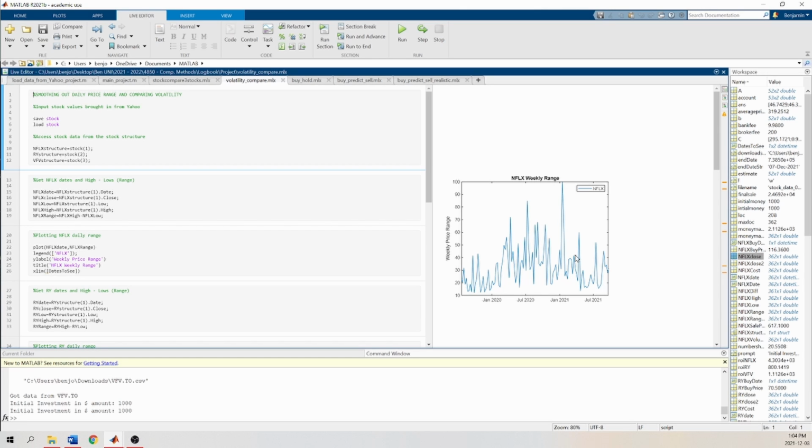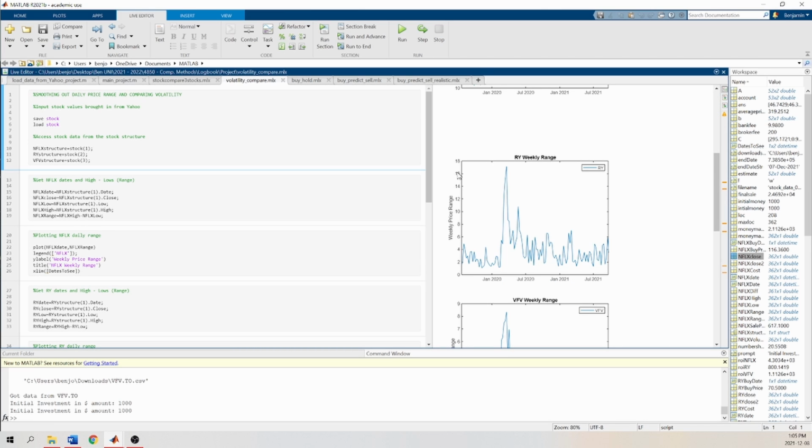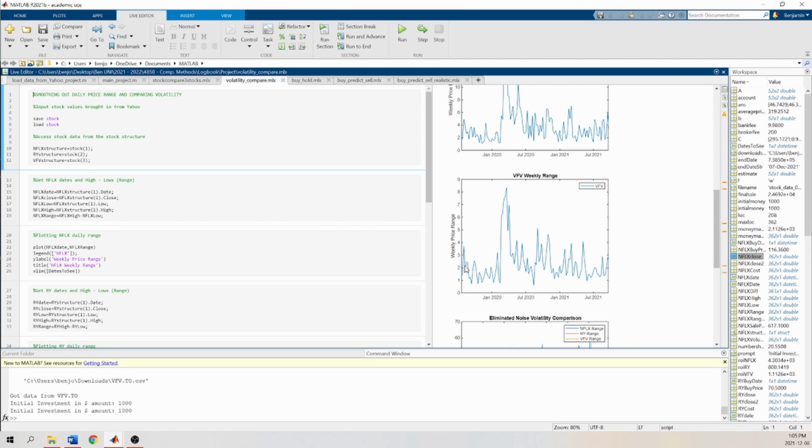And then here with RBC, the range is from 0 to 18, so a much smaller weekly price range, so it's not varying as much. And of course, that's medium volatility. And then half of that with our Canadian S&P 500, we have a weekly price range going from 0 to 9, so a much smaller volatility here.